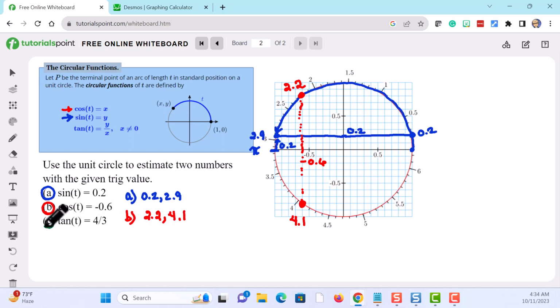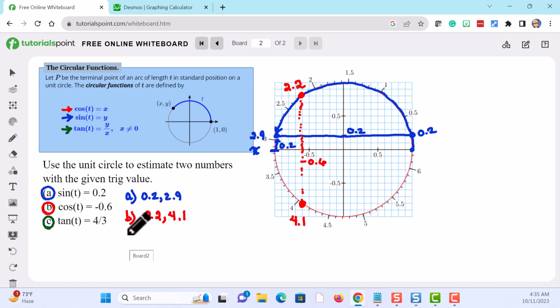Ready for part C. We want to find out what are the values of t where tangent of t is equal to 4/3. Looking at our definition, we see that tangent of theta is y over x. Now it might be tempting to think that our y value is 4 and our x value is 3.